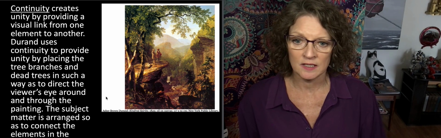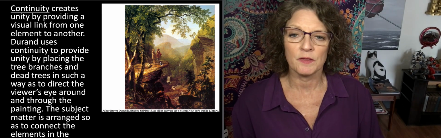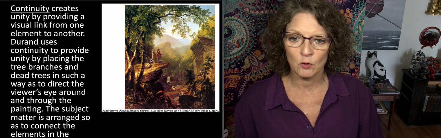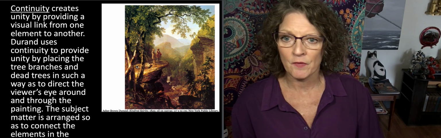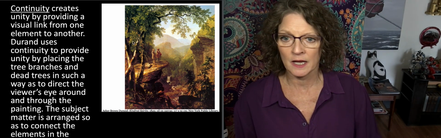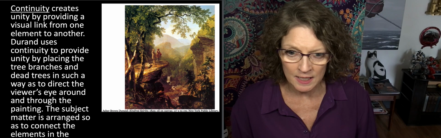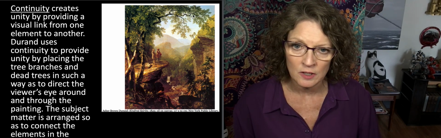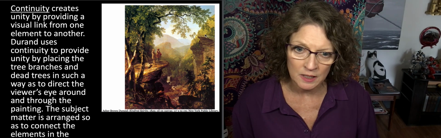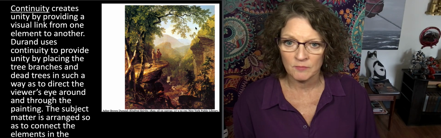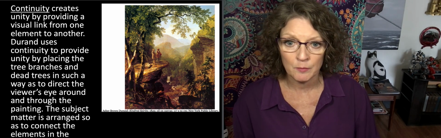Continuity is another technique for achieving unity, when things just seem to flow toward one another. So we have our focal point here, but the artist wants our eye to flow around the painting. And I want you to see how he's used the lines in the directional arc of the tree and the lines on the canyon here to create, are y'all kind of making out an elliptical shape right here?